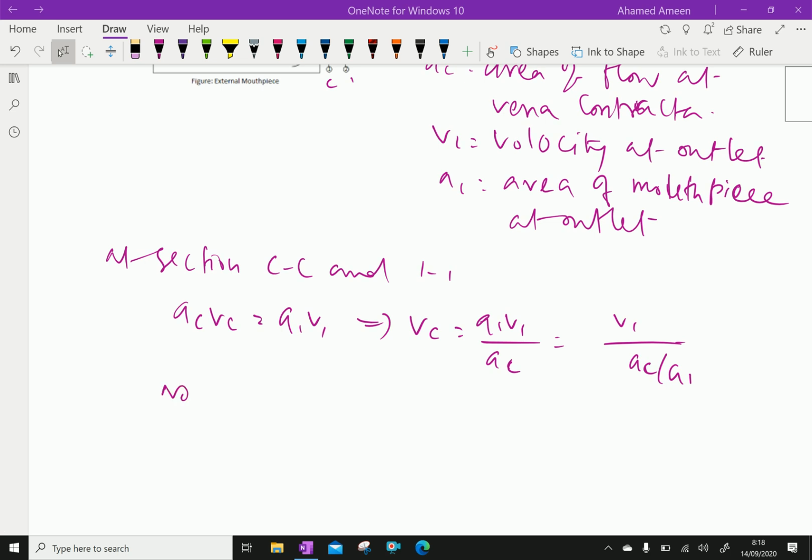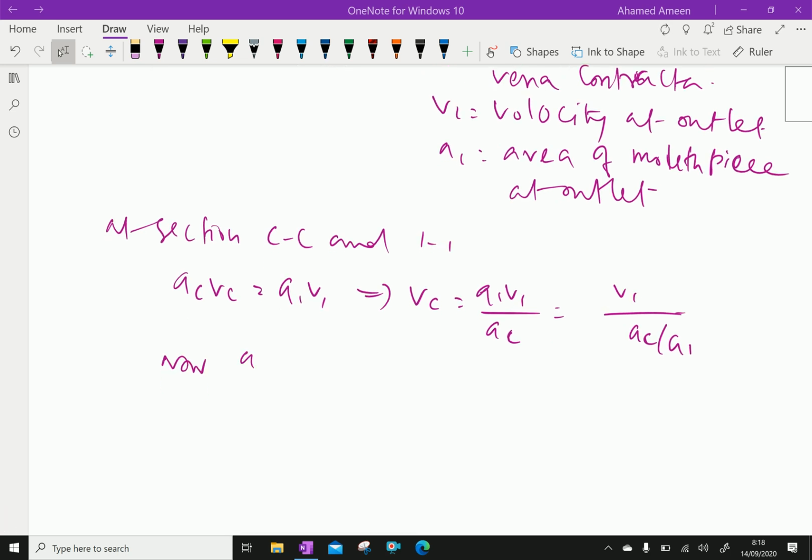Now Ac over A1 is called Cc, the coefficient of contraction.